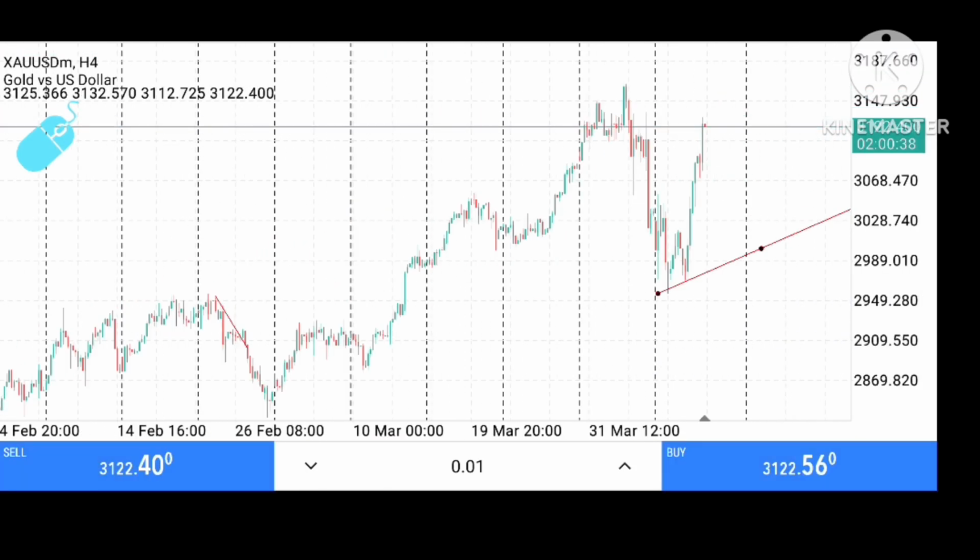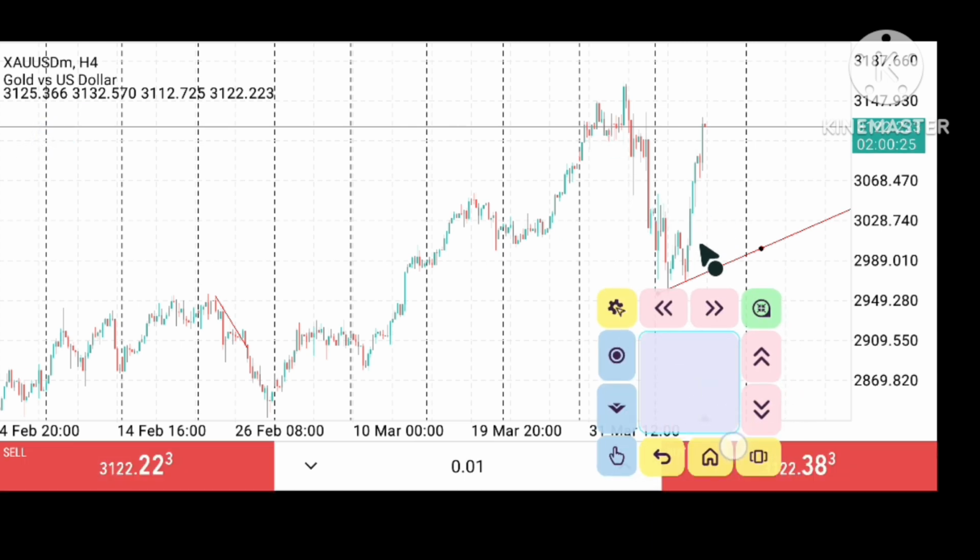Now we're looking more closely so that we see where we are currently. We're looking to see what's happening around this zone here. That's why I'm zooming into the 4 hour time frame. You can see how the market rallied up here and the market retraced.